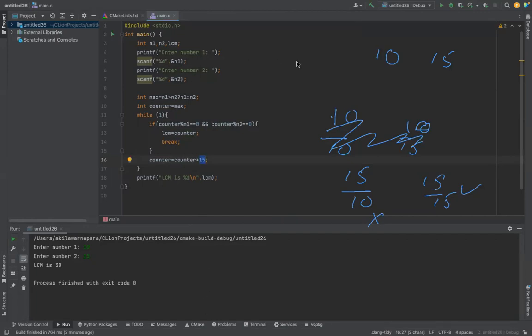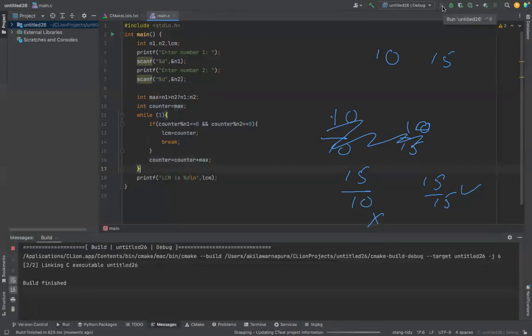The counter value should be incremented by 15 according to this example. Multiply by max? Yes, it should be incremented by max. So we have the 15 in the max variable. So instead of counter plus plus, you can use counter equal counter plus max, or counter plus equal max. Okay, in here also you will get the same answer.